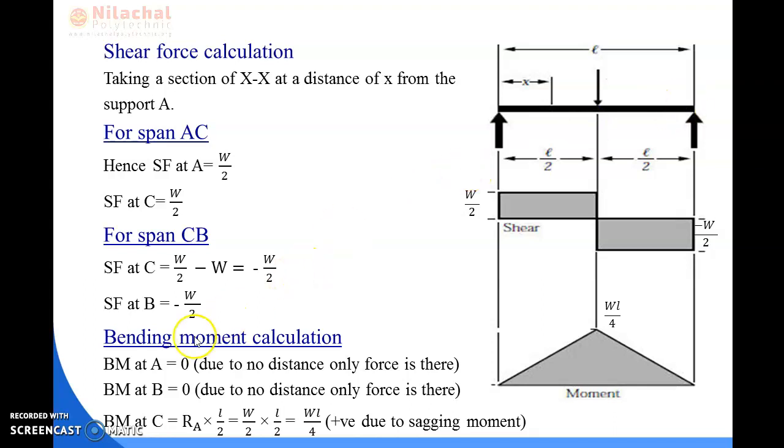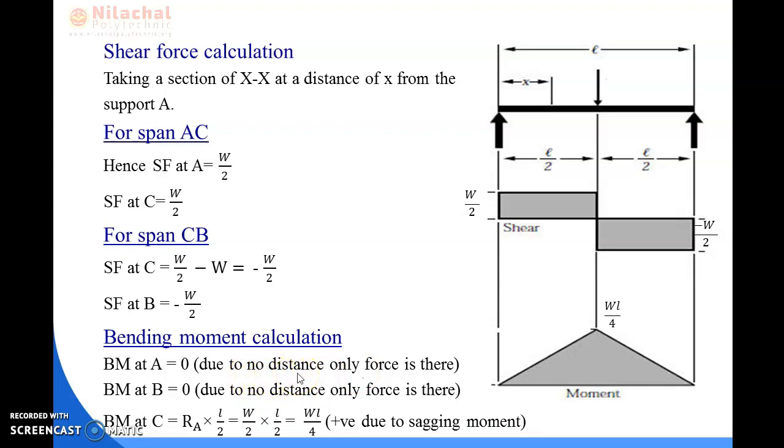So now comes the bending moment calculation. We know that in the case of a simply supported beam, at the ends of the span, that means at point A and at point B, where the supports are acting, the bending moment is zero. So we can say the bending moment at point A is 0 and the bending moment at point B is also 0, because here only a load or force is acting, but there is no distance.